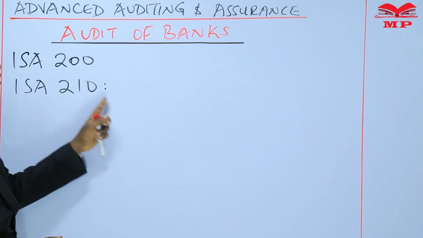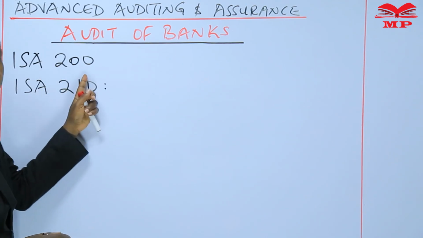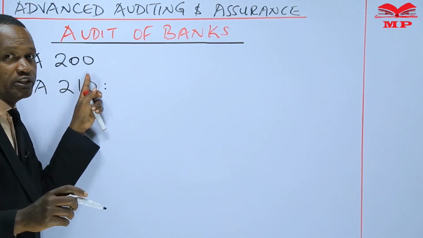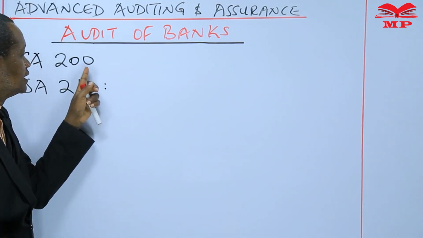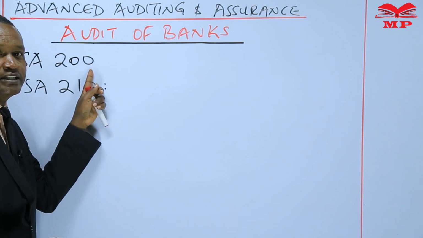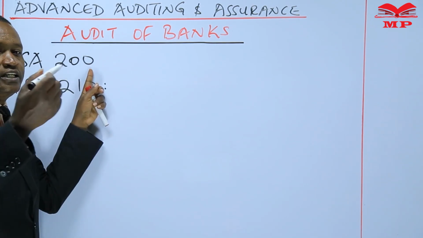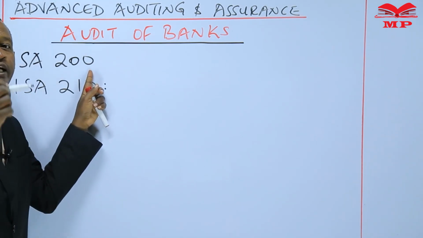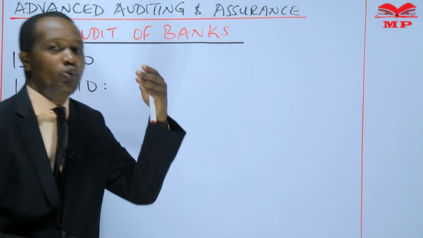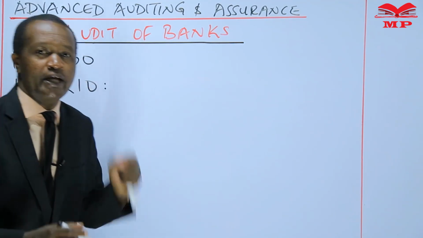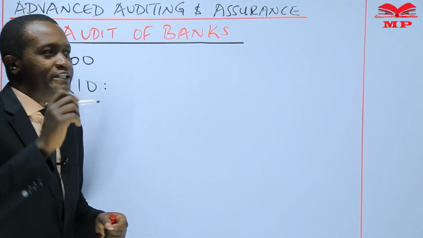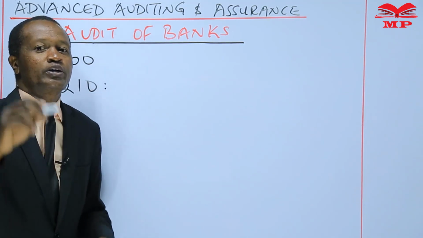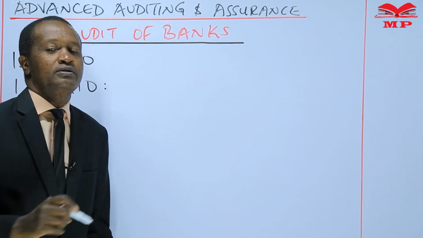So let's first look at the ISA 200, Objective and General Principles Governing an Audit of Financial Statements. This standard states that the objective of an audit of financial statements is to enable the auditor to express an opinion whether the financial statements are prepared in all material respects in accordance with an applicable financial reporting framework.